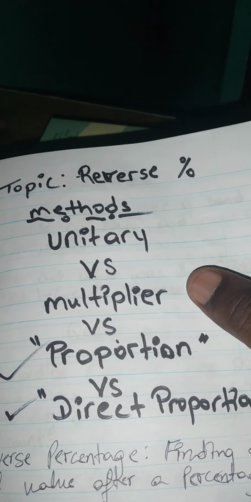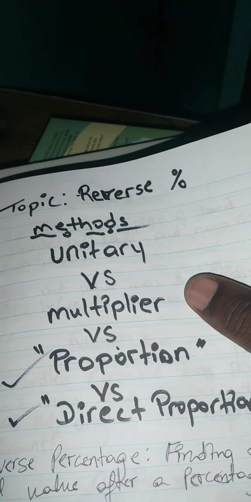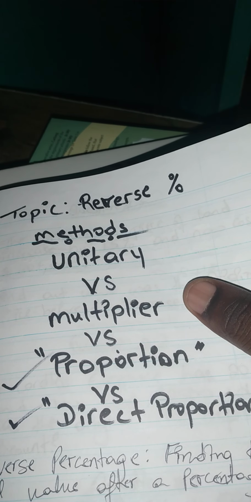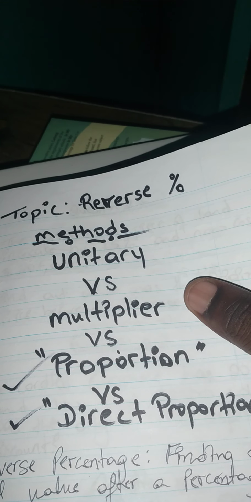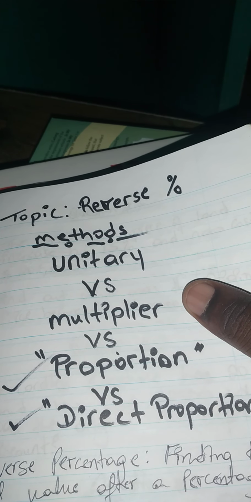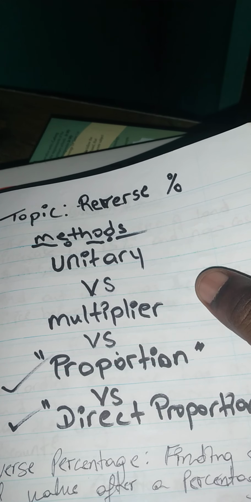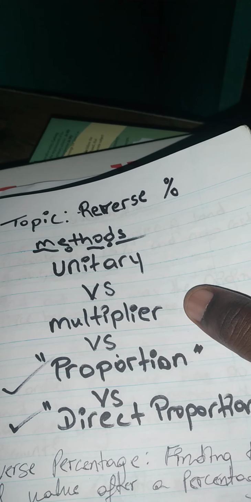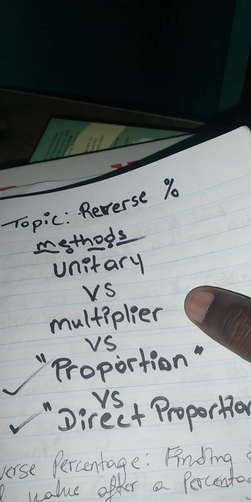Now the multiplier method is the current method that people are gravitating to. But what people don't know is that, one, you need to have a photographic memory for the multiplier. And secondly, the multiplier is for somebody who understands what it is about and is able to apply it.